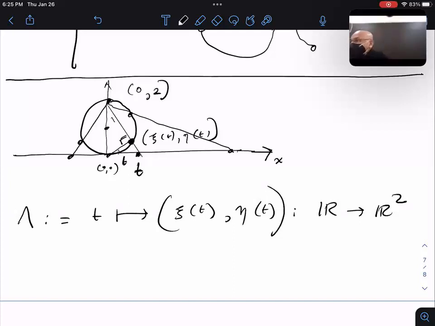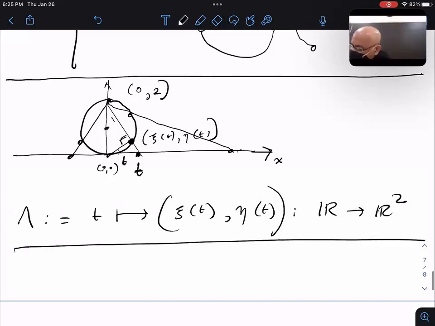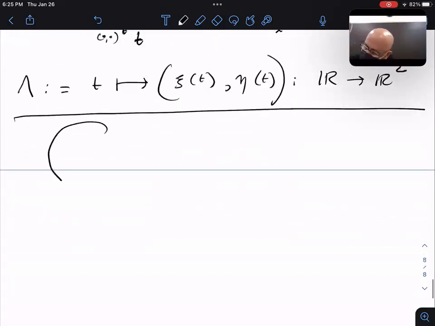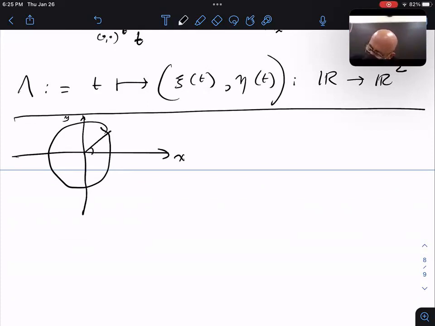So this is another way of parameterizing the circle. Okay, but what is the simplest way? The simplest way is the following. This is the circle, x-axis, y-axis. You call t this angle, in which case this point has coordinates cosine of t, sine of t.